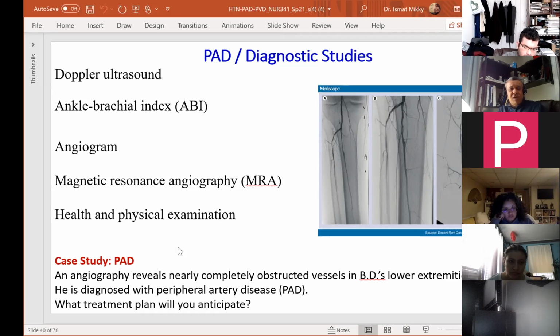So make sure you know where to assess for these peripheral pulses. PP refers to peripheral pulses.